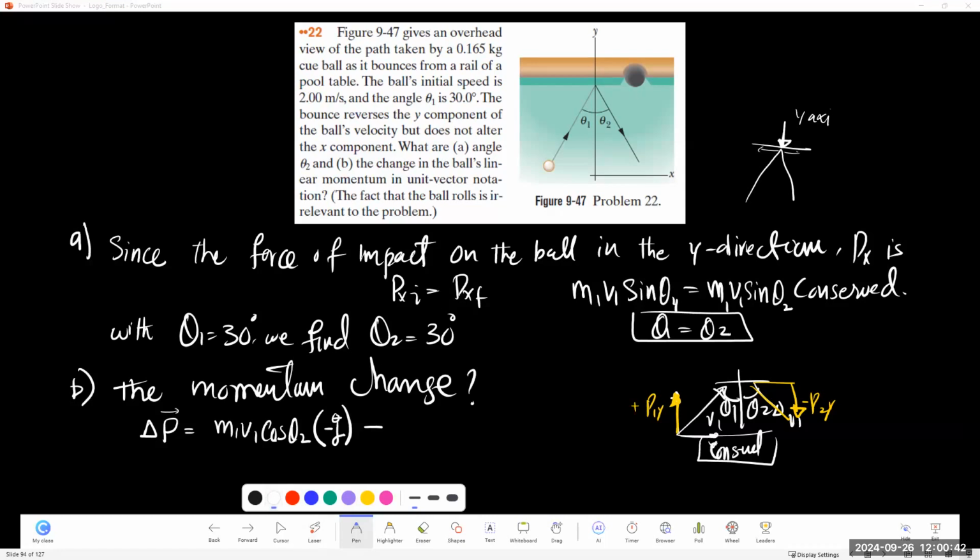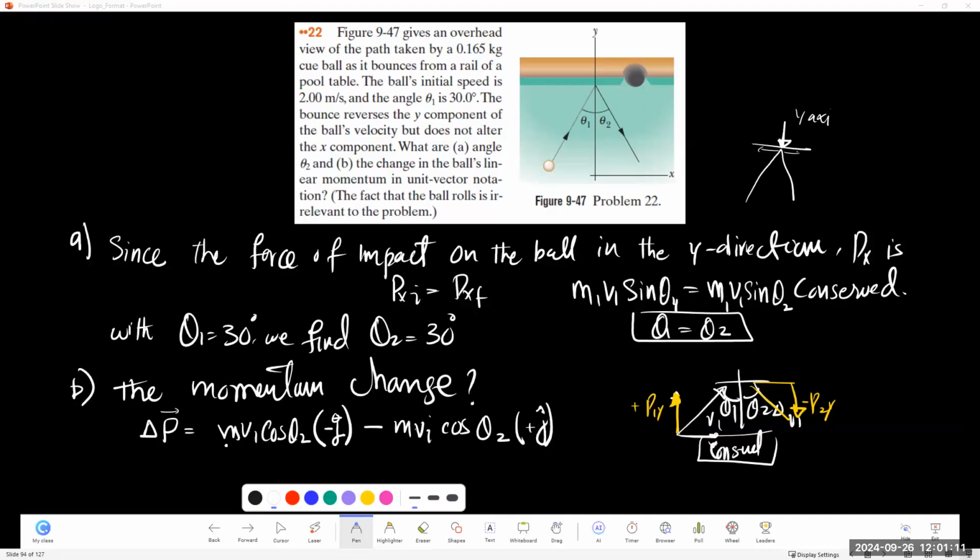So I'm going to be writing the final minus initial, so final will become with minus and initial should be coming with plus. And mass, I don't have to write m1s because the mass of this is not going to change, and I'm going to be writing cos theta 2. You can say theta 1 and theta 2 are both pretty much the same, and then j.